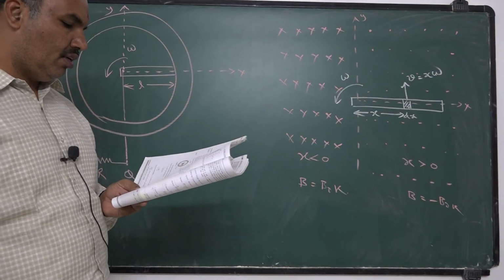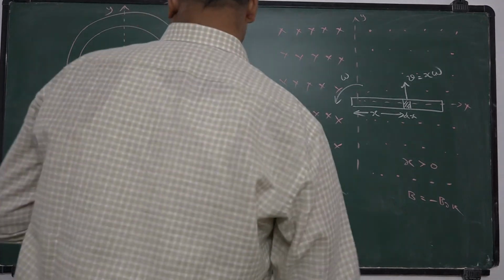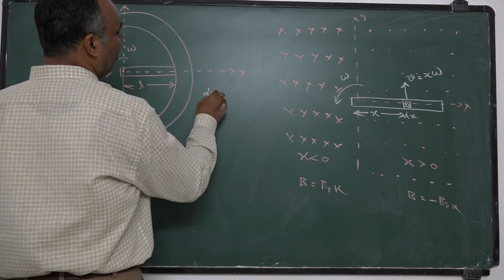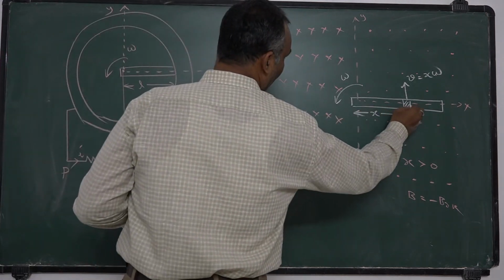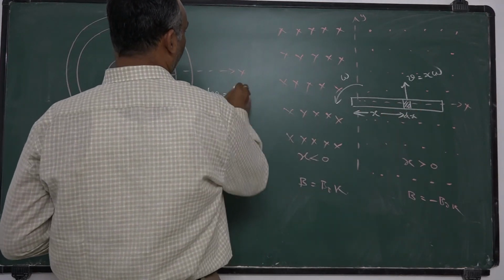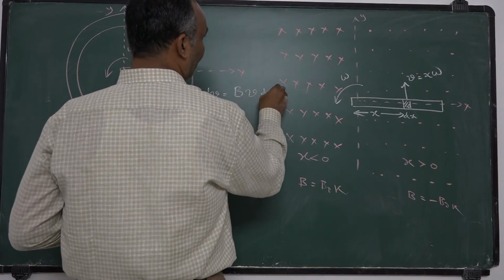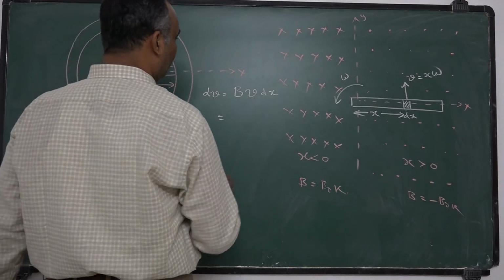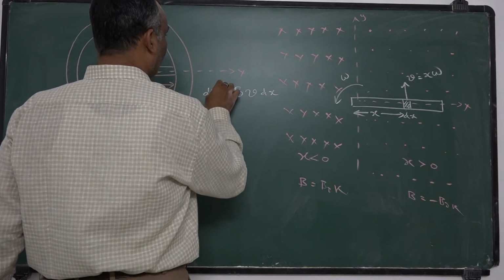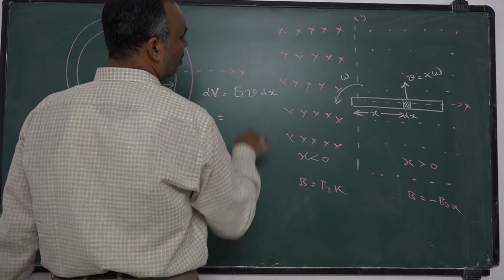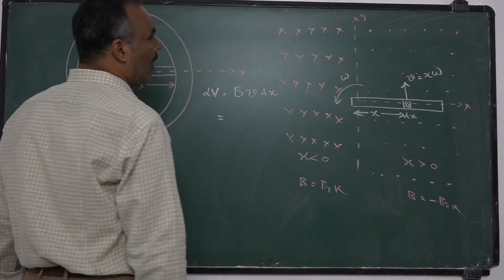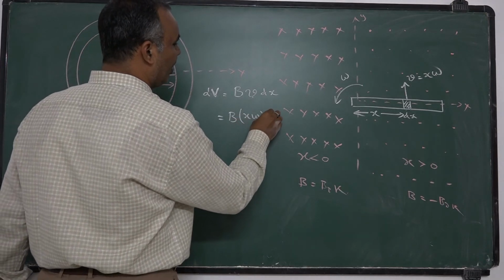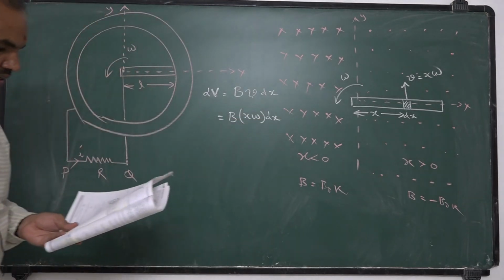Then the EMF developed you can calculate like this: dV between the two ends of this small element is B v dx, and dV is the potential difference developed. So let me take capital V because capital V is potential, small v is the velocity, and you can write v as x omega, so B x omega dx.